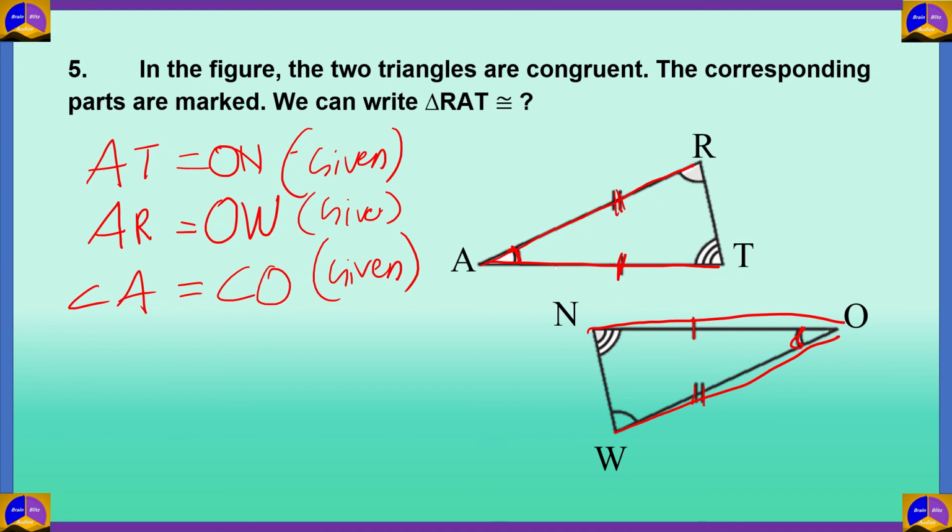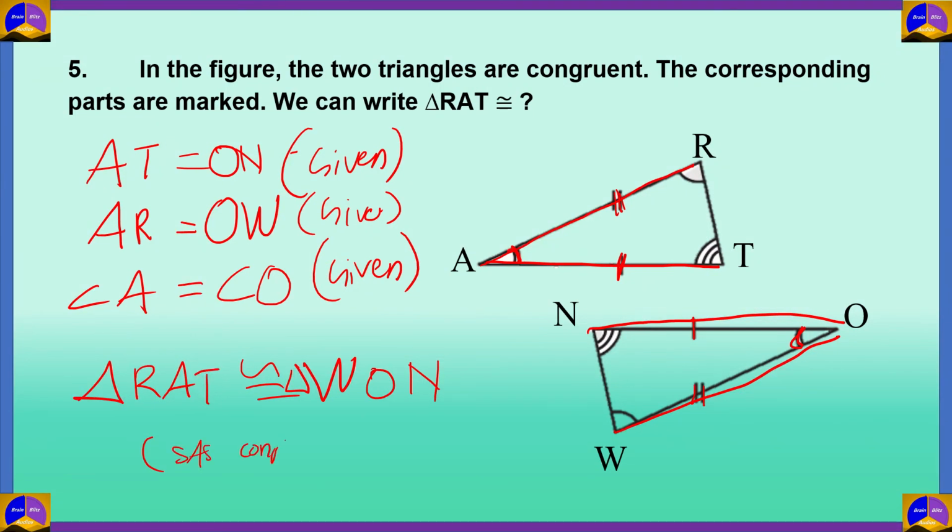And since we have two sides and one angle, and the angle is between the two sides, we can say that triangle RAT is congruent to triangle WON by SAS Congruency Criteria.